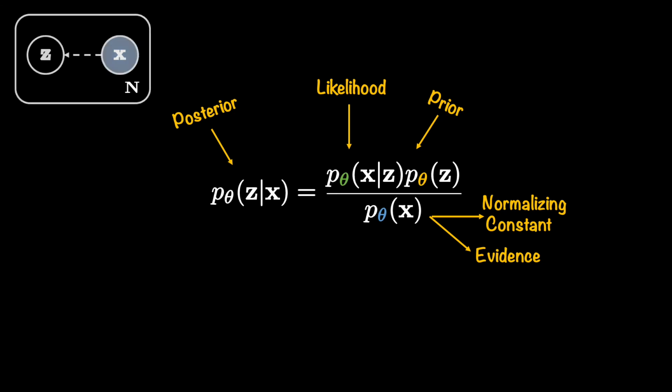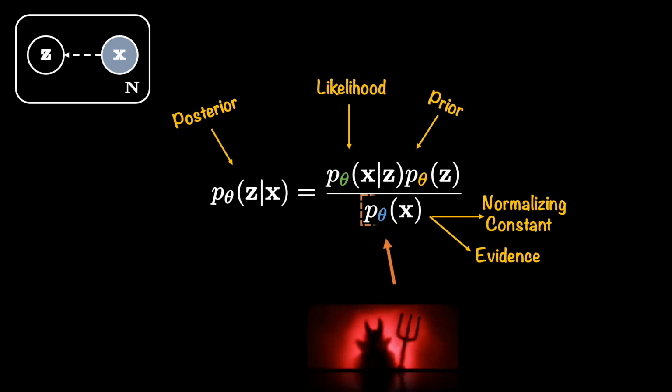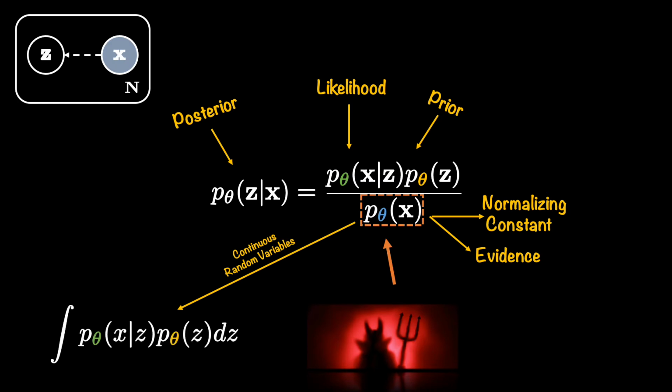Here I am showing you a latent variable model and Bayes rule to obtain the posterior distribution of the latent variable z. As you probably know, even though Bayes rule is very elegant and intuitive, it is the denominator that is the culprit. It is a culprit because in high dimensional spaces it translates into an intractable integral.